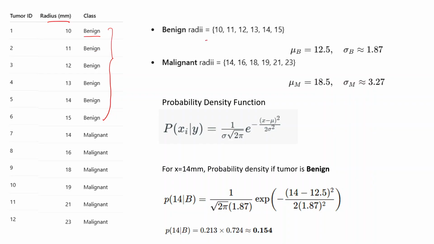What it indicates is, if the tumor radius was around 10 mm or 11, 12, 13, 14, 15, it is being decided as the class benign.